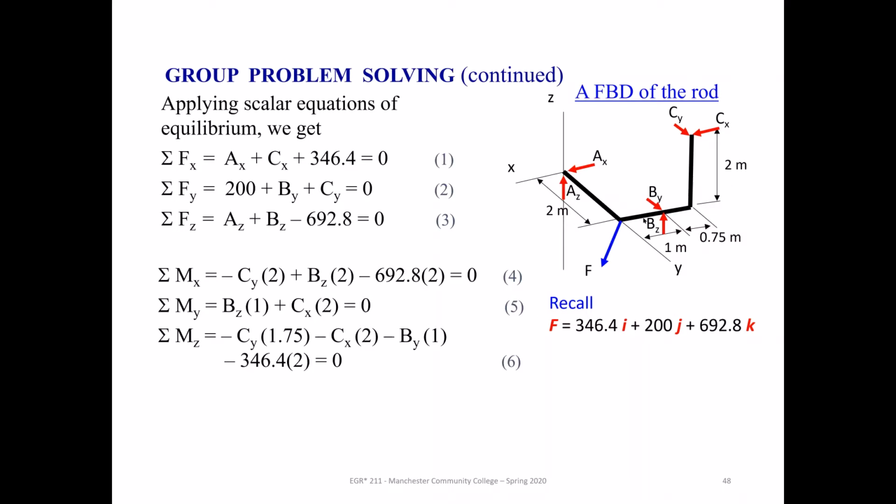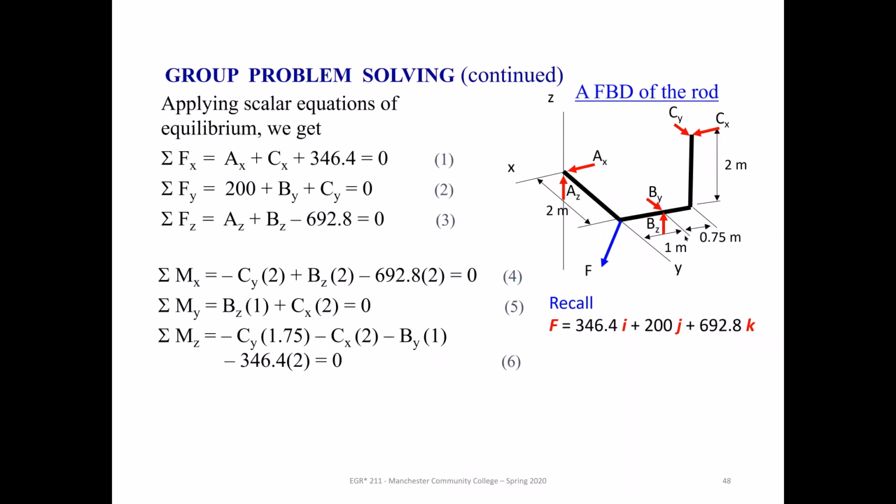You draw the line CY straight across, and you'll see that where it meets this axis at 90 degrees would be straight out here, which means it's 1.75 meters, the distance from here to here. That's the first one. And that would cause clockwise rotation about Z.